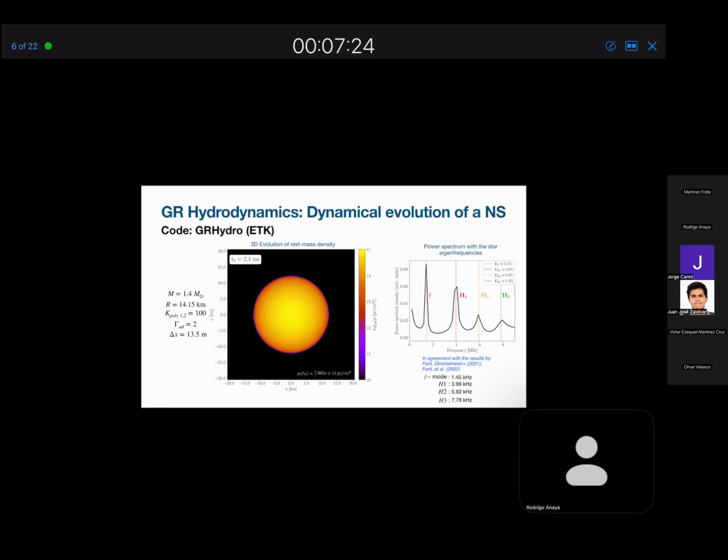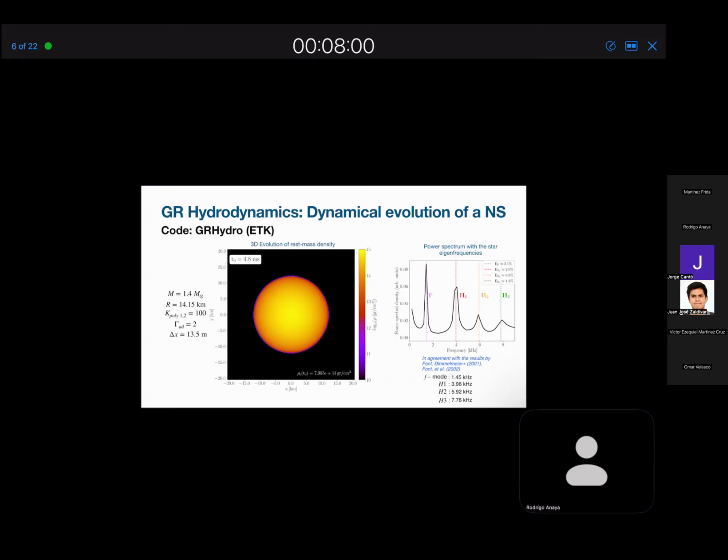If we have this configuration of a single static TOV, but now in 3D evolution, we can see it remains static and stable as it should. And we get oscillations at the boundary of the star. You can imagine that there is a gradient between the atmosphere and the boundary of the star, so when we evolve the space-time and the matter-energy components, we get a perturbation located in the surroundings of the star.